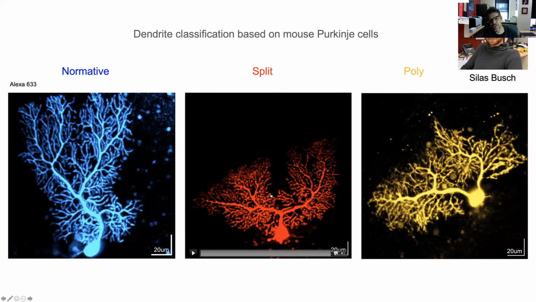So to distinguish these two as categories, we say this one needs to have two soma sizes, which in mice is about 40 micrometers between the soma and the first branch, and this one is less than 40 micrometers.